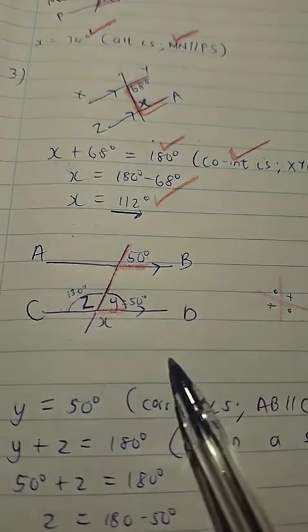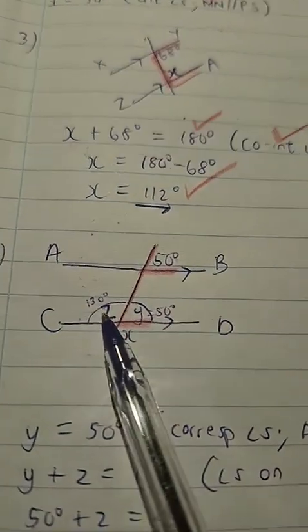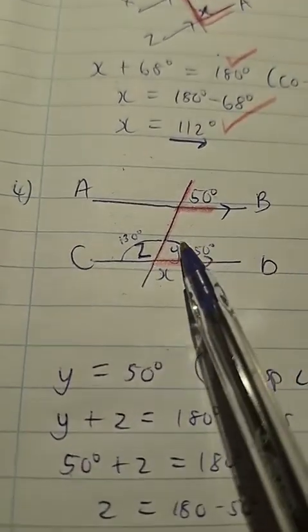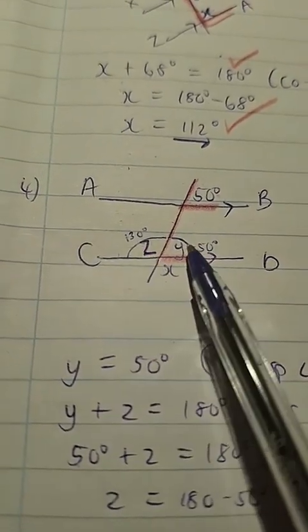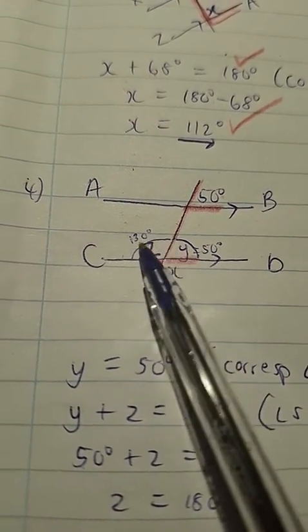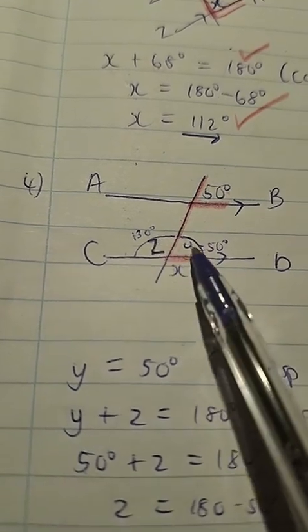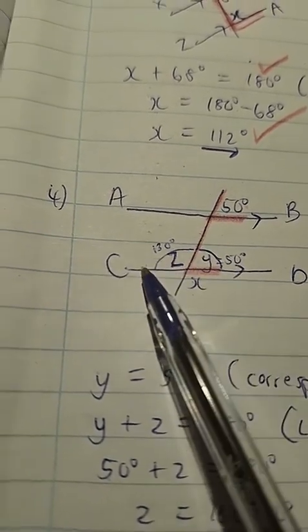But besides those, there are situations where we have angles that lie on a straight line. So for instance, when we were looking at y and z, we can find the value of z by looking at the relationship that exists between the y and the z. These two angles lie on a straight line.